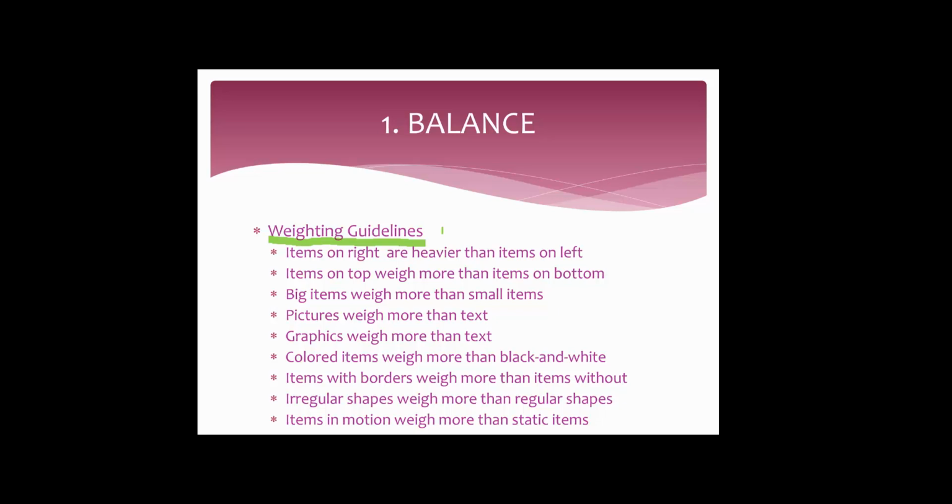It will help you as you're going along and building your documents, because certain things have more weight to them. And that helps you know if this is all balancing out? Because that's exactly how it feels to a reader, even though they don't know why, that is just how it feels. So items on the right are heavier than items on the left.